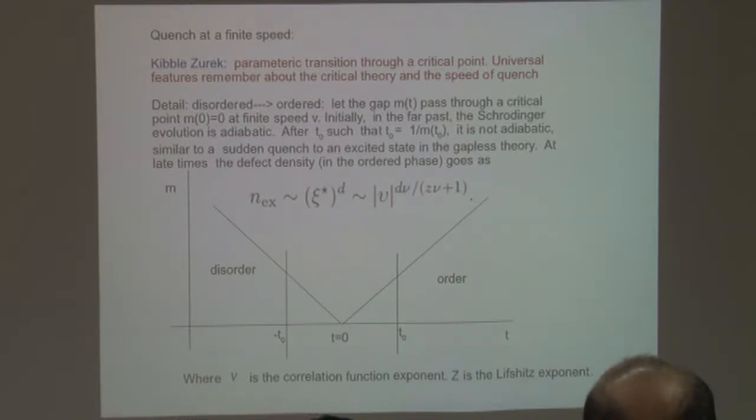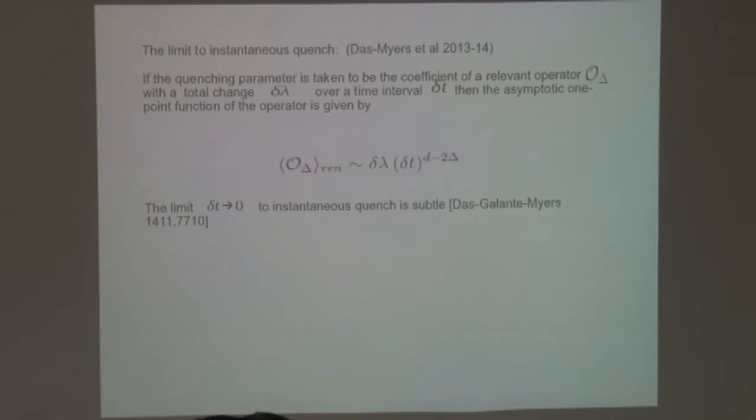So you are in the regime of a sudden time evolution, and Kibble and Zurek, for example, had estimated the density of defects in the ordered phase, which has information about the speed of the quench, the dimensionality and the correlation length exponent. And z is the Lifshitz exponent of this theory.